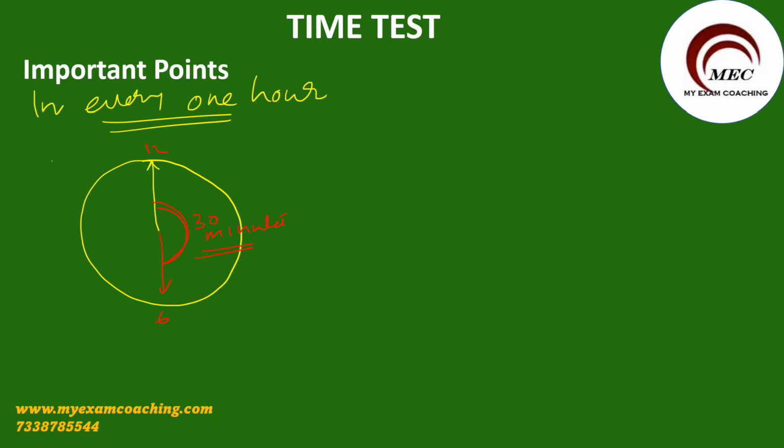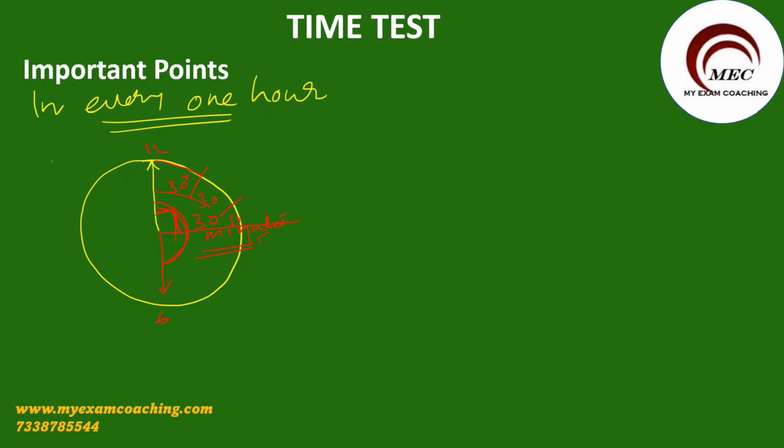And the next important point: in every 5 minutes, you can see from here to here it is 30 degrees. From here to 10 it is 60 degrees, again 30 plus 30 is 60. Up to 15 it is again 30, so 30 plus 30 plus 30 is 90 degrees.